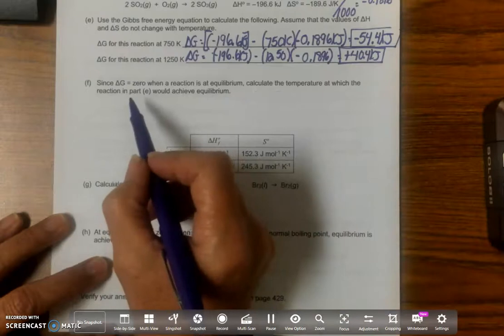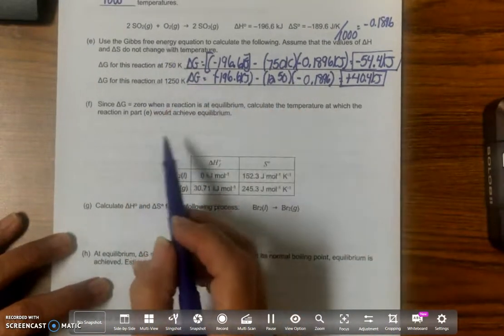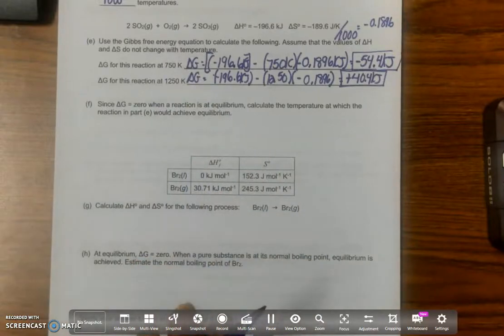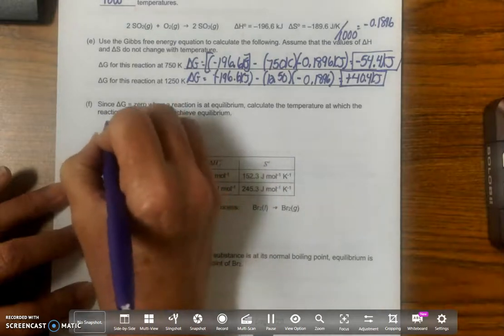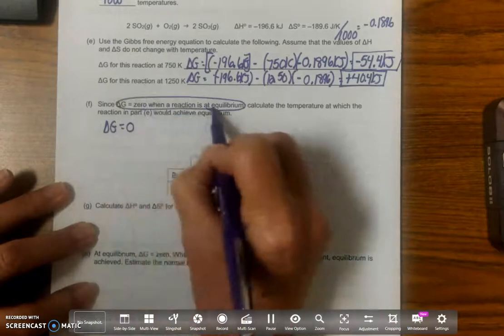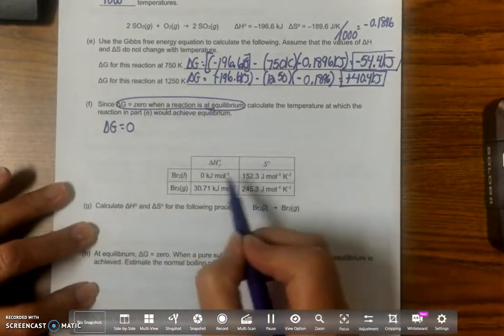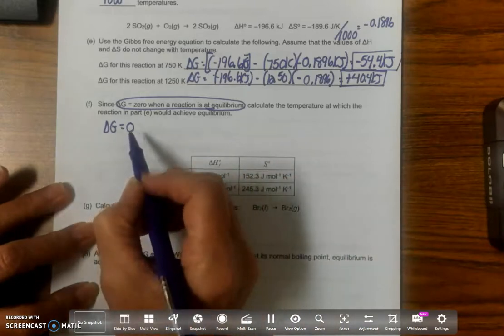Calculate the temperature at which the reaction in part E, so that would be here, would achieve equilibrium. Okay, so what we're going to do is delta G is equal to 0. And this is a very common problem. They're going to expect you to know that if I give you H and S and I'm at equilibrium, this is 0.